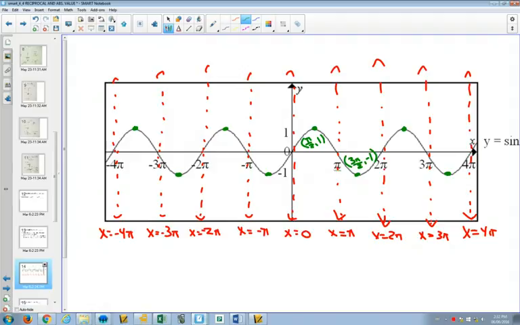Can you tell me from your unit circle another point on your sine graph? Other than those green dots that we've done so far, can you tell me another point on your sine graph? Okay, pi over 4, root 2 over 2. Do you know any other ones that are nicer numbers?